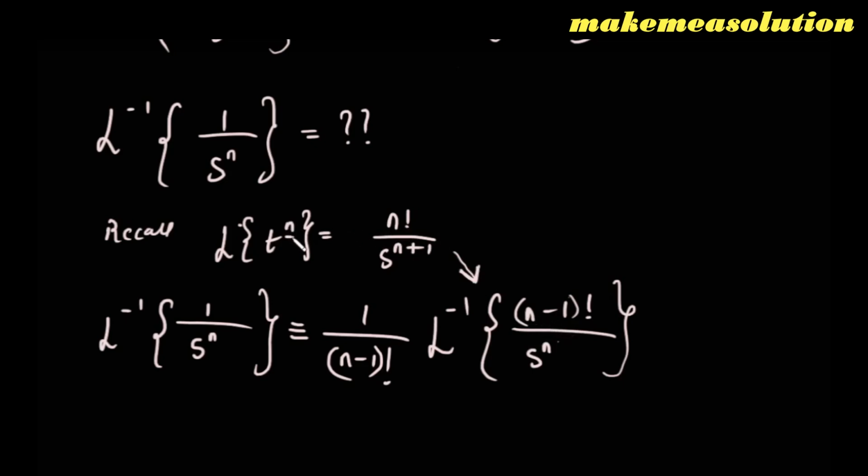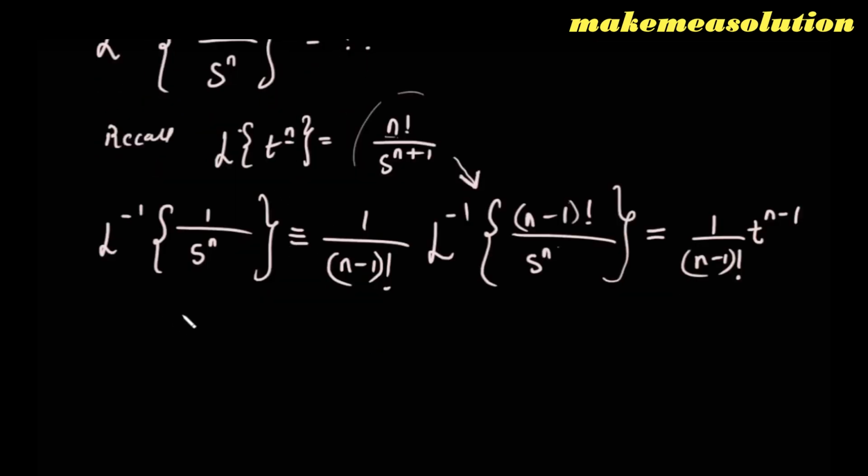Where we have t raised to the power of n, I have n factorial. But if you compare, this should not belong to t raised to the power of n, rather it should belong to t to the n minus 1. So the answer is 1 over n minus 1 factorial, then t raised to the power of n minus 1. So the Laplace inverse of 1 divided by s raised to the power of n is t raised to the power of n minus 1 over n minus 1 factorial.